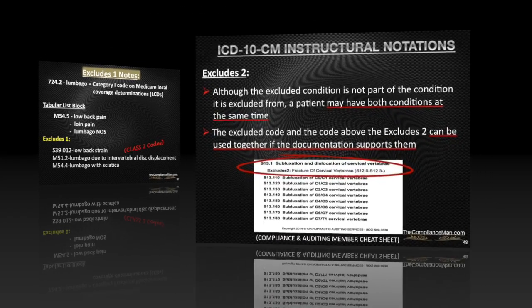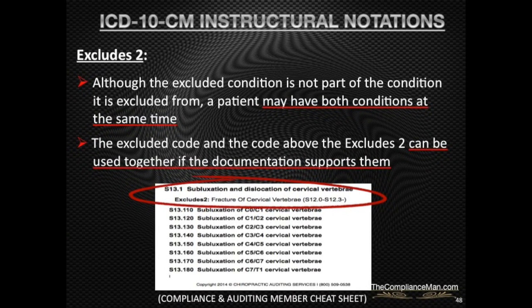The excludes 2 code is different because what it means is that the patient may have both conditions at the same time. The excluded code and the code above the excludes code can be used together if the documentation supports it. So in this example of S13.1, subluxation and dislocation of the cervical vertebra, underneath it, it says excludes fracture of the cervical vertebra.